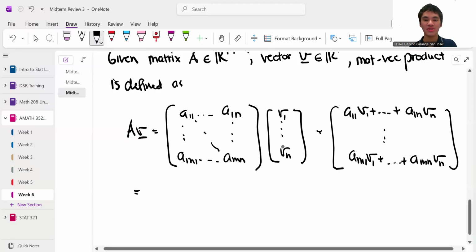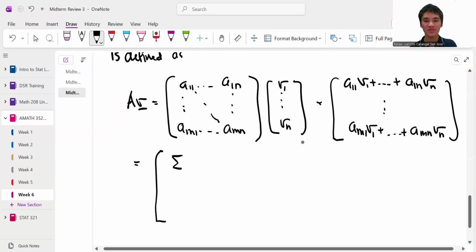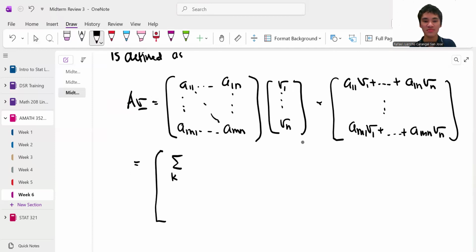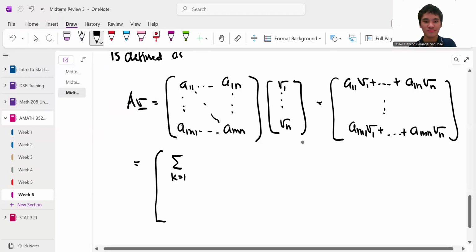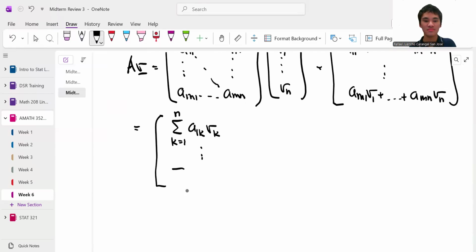And maybe a nice way of writing it is a summation from k equals 1 all the way to n of A1k vk, and keep doing the same thing, all the way to AMk vk.